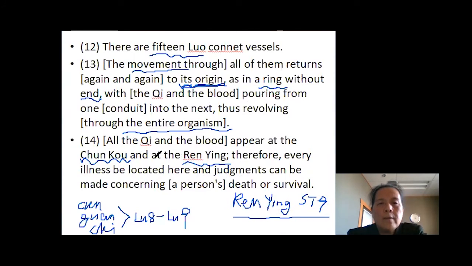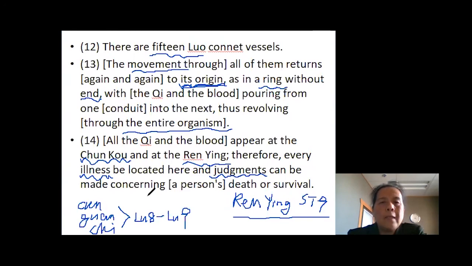That means from the 寸口 and 人迎, we can feel the pulse changing. If some sickness or illness happens, we can know whether it's a severe illness or just a mild one. Then we decide how to treat it.